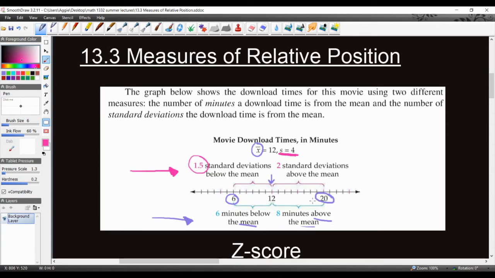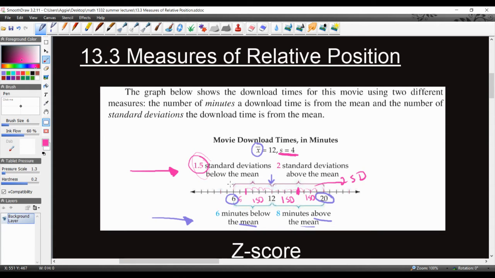Whereas this one, since the standard deviation is 4, is going to be 2 times. So 1, 2, 3, 4, that's one standard deviation, one SD. And this is another 1, 2, 3, 4, another SD. So that's where you get the two standard deviations. Over here for the 6, we have 1, 2, 3, 4, so that's one standard deviation, and then 2 more, so it's 1.5. That's where you get that 1.5.